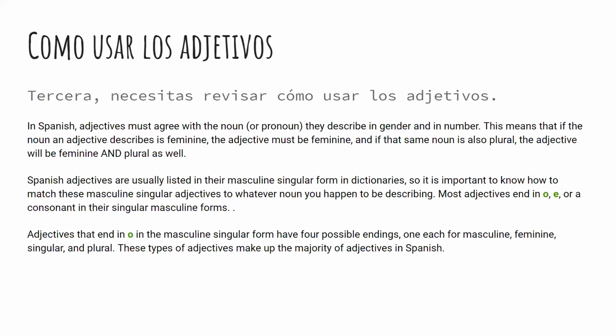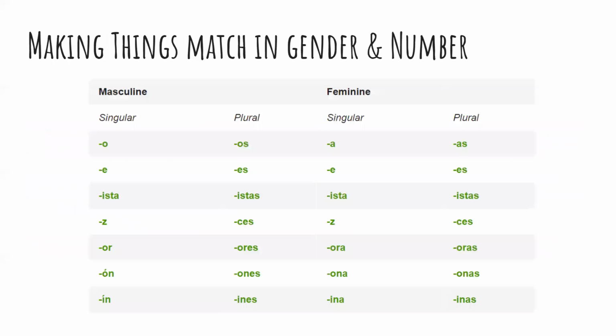And these type of adjectives do make up the majority of adjectives in Spanish, remember? All right, so here's a summary list to make things match. If it ends in O and it's singular and masculine, you add an S to make it plural, change it to an A to make it feminine, and to make it feminine and plural, you change it to AS.